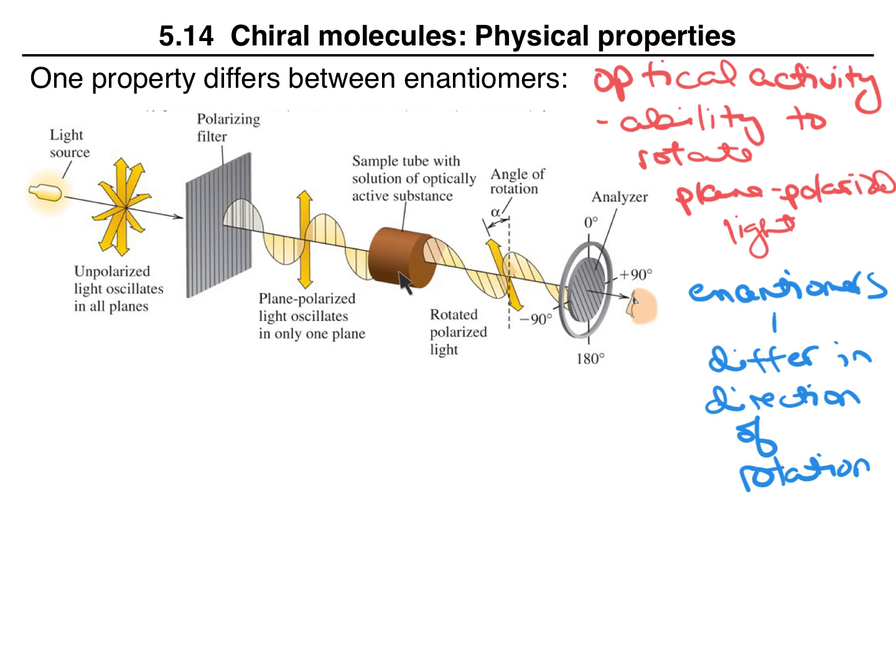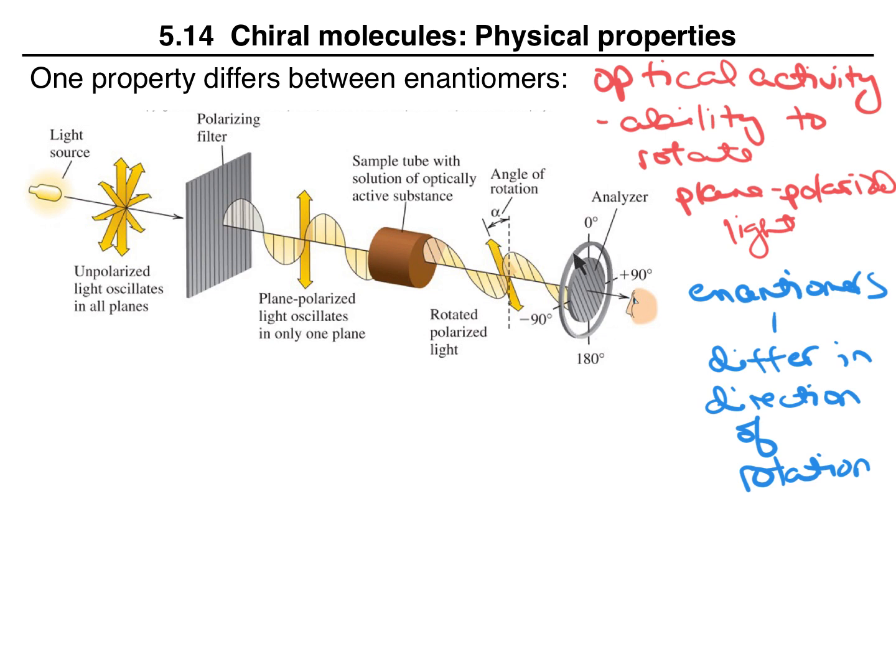Once we have this plane polarized light, it can pass through a sample that has a solution of a chiral compound. And that chiral compound will rotate the plane polarized light, either in this direction or in the other direction. So what comes out after the sample is now rotated relative to what we started with.